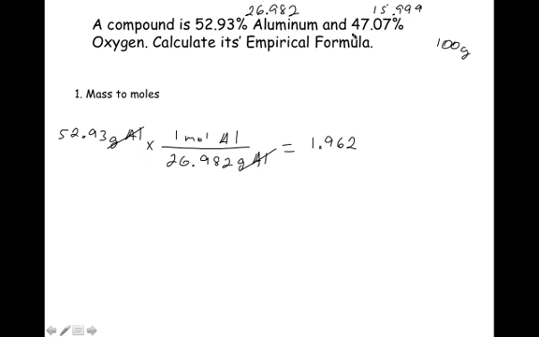And then the oxygen is 47.07. Convert that into moles. So 1 mole of oxygen is 15.999 grams of oxygen, which cancels the grams of oxygen over there. That gives you 2.942.